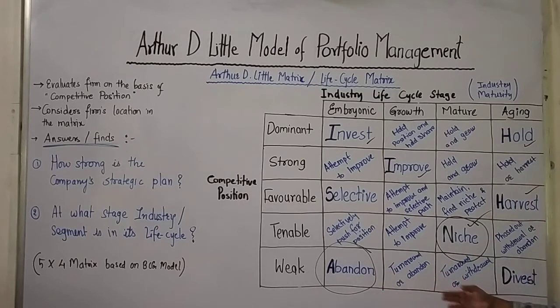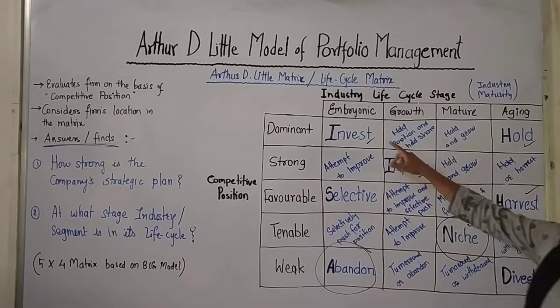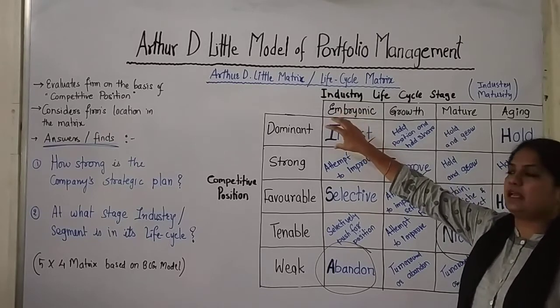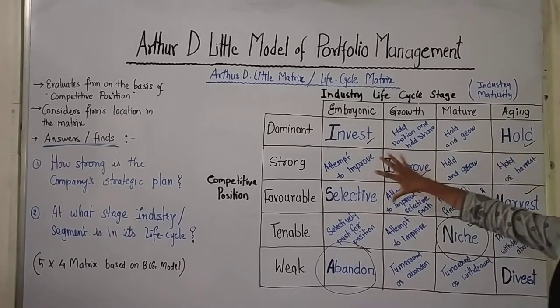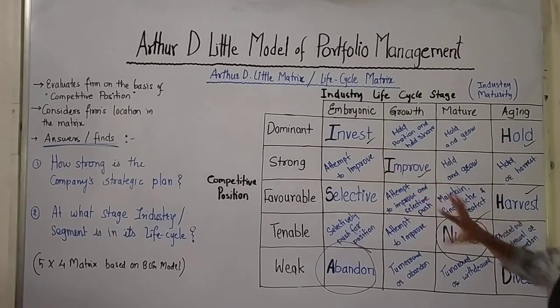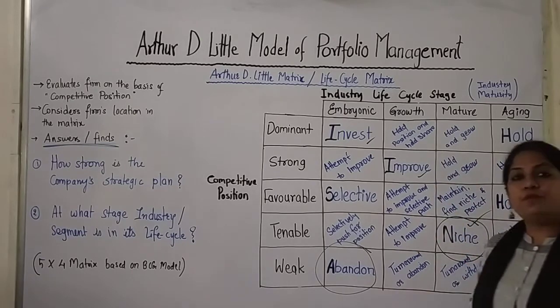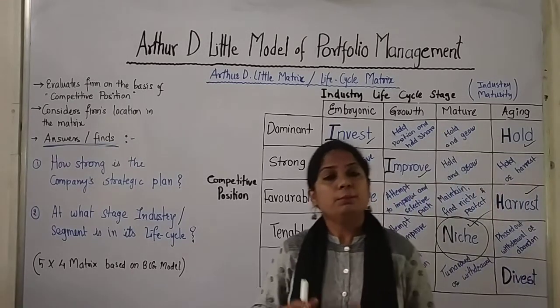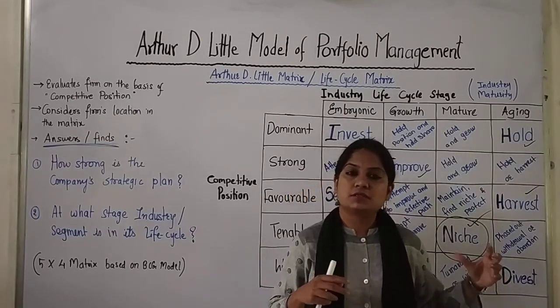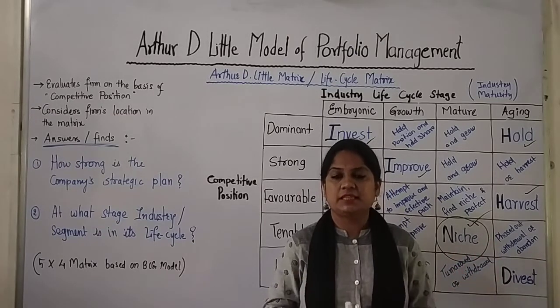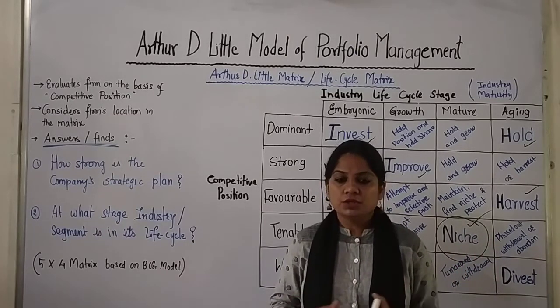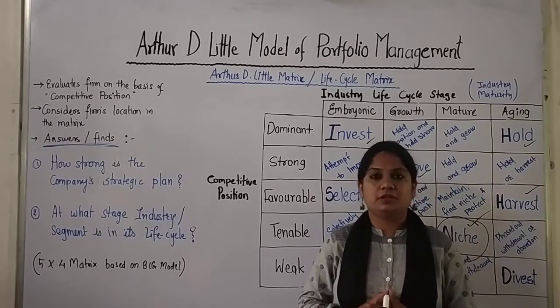So abandon, turnaround, withdrawal, or completely divest. This is the strongest position where we can make profits, and this is the weak position where we need to get out of the market. So these are the strategic positions, very well explained and put in various cells in this matrix. So this is all about the Arthur Little matrix.